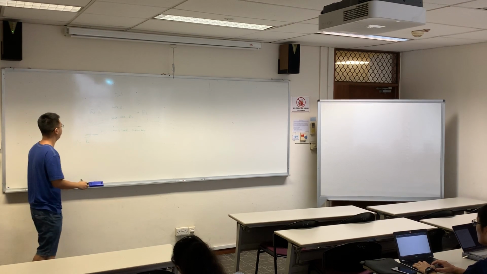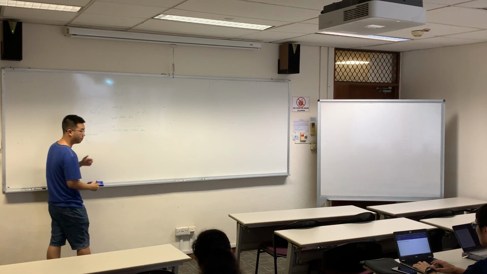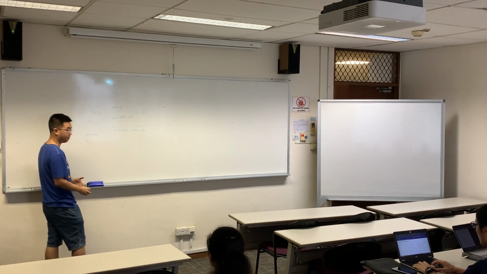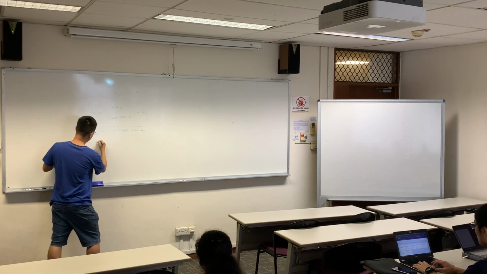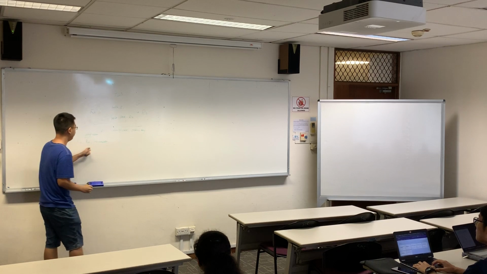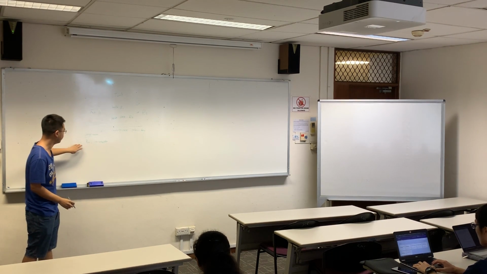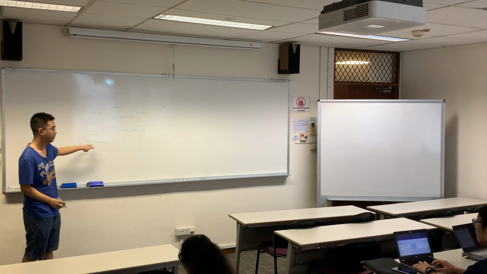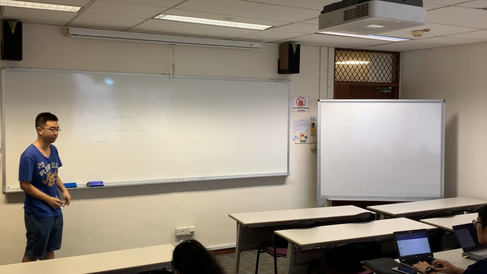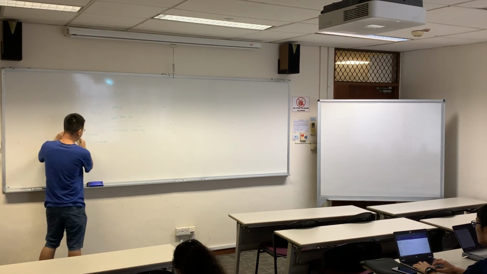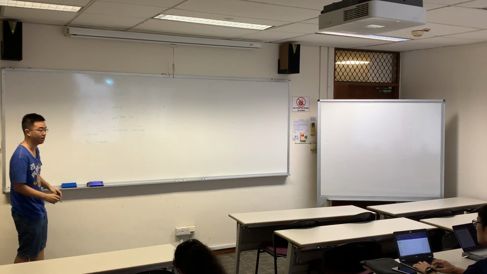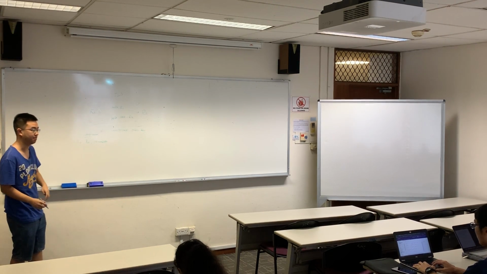And besides, this client will also generate a pre-master random number. So in this case, the client will have three numbers: R1, R2, and the pre-master. And after this step, the client will generate the session key for further communications.